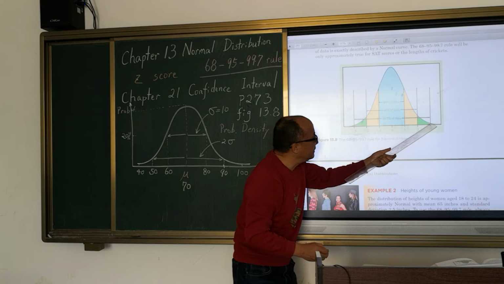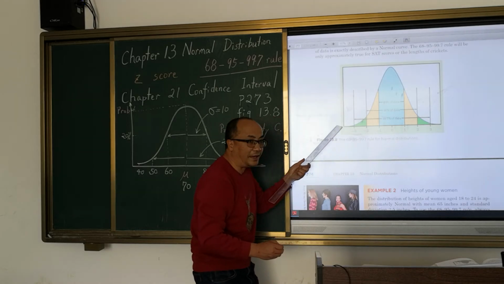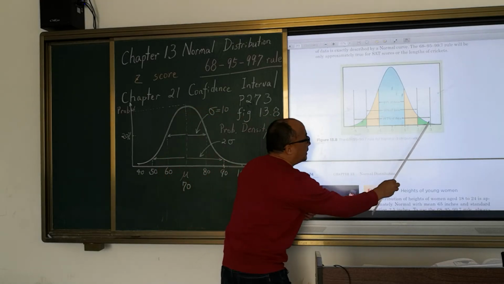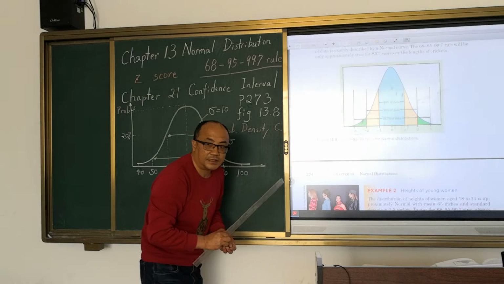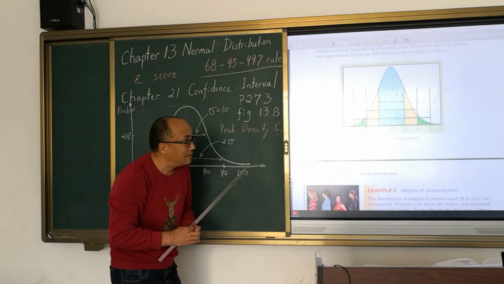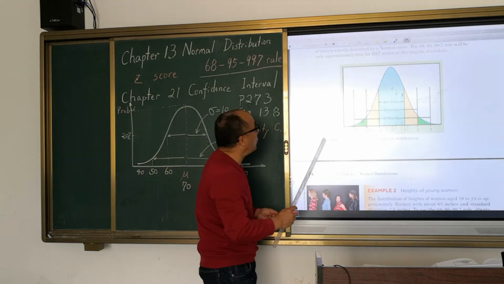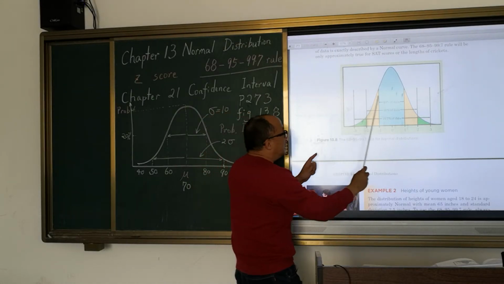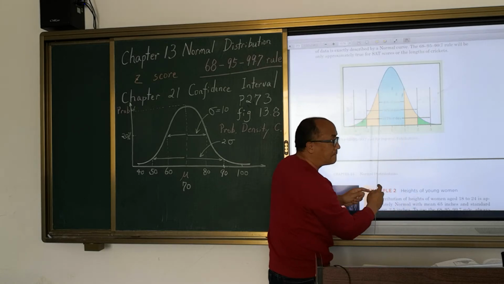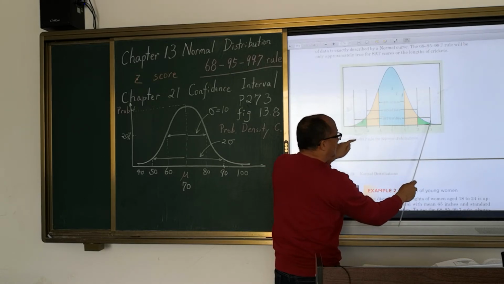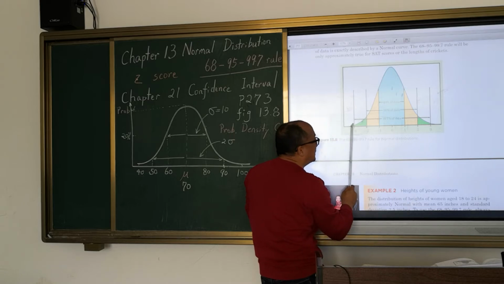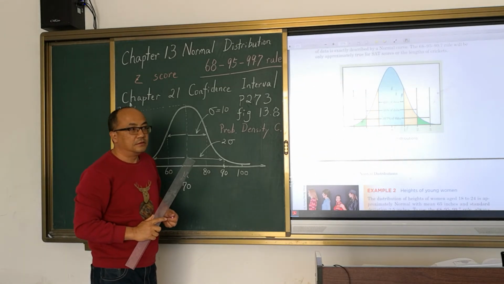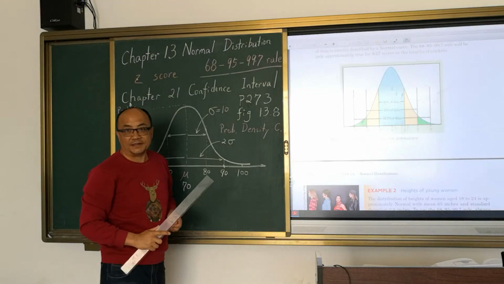This little bit plus this little bit is how much? It is 0.3%, the leftover tip plus tip.